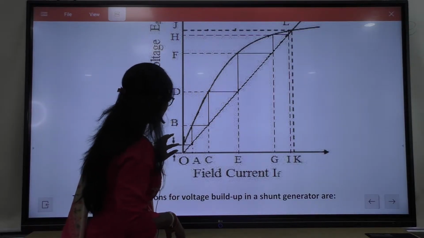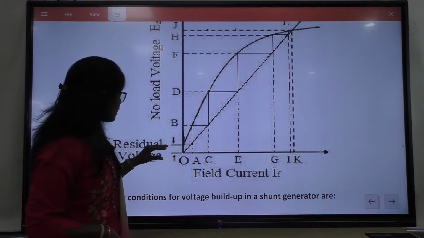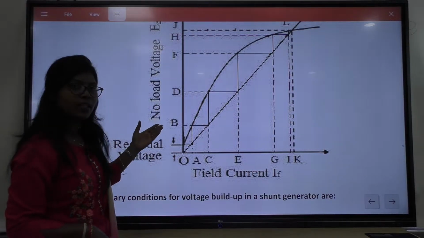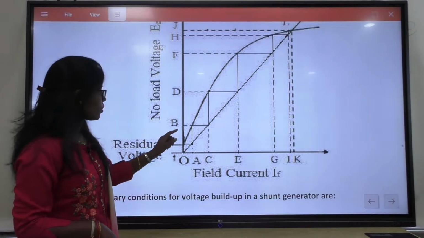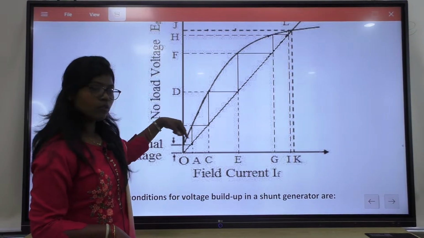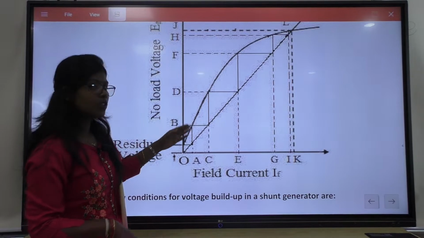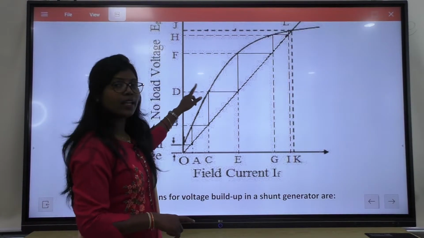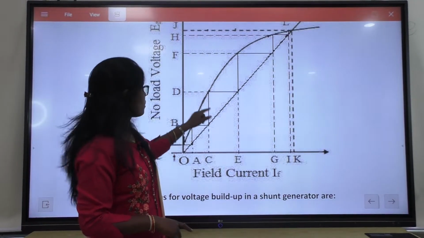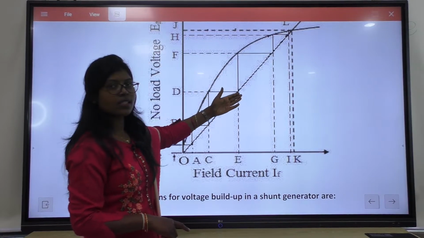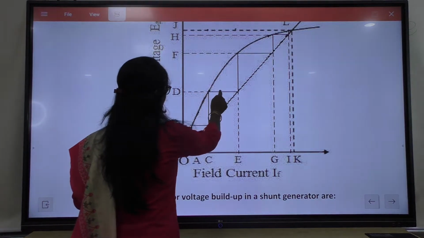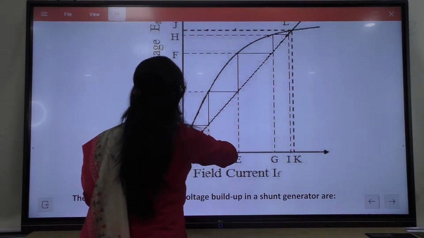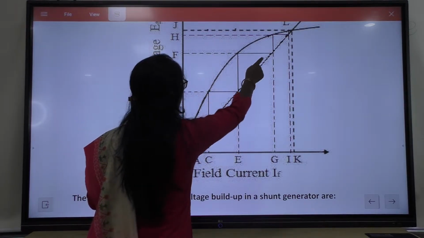If our flux increases, our EMF increases, due to that EMF current increases, so due to that current our flux also increases, and due to that flux again EMF will increase. Okay, so it is a continuous process. For explanation purposes it is viewed stepwise, but it is not steps, it is a linear curve.